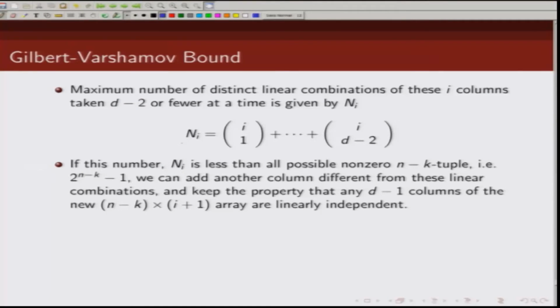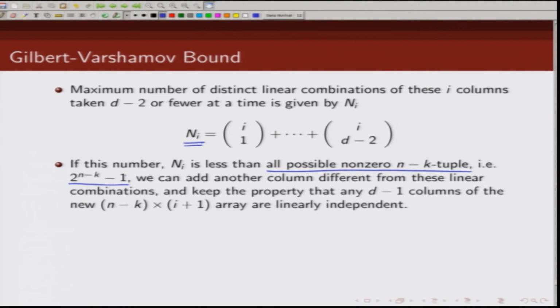Now, if this number Ni which we just computed is less than the number of all possible non-zero n minus k tuples. Now, how many non-zero n minus k tuples do we have? We have a total of 2 raised to power n minus k minus 1, because one of them will be the all 0 tuple.